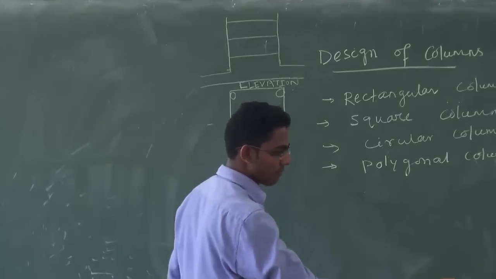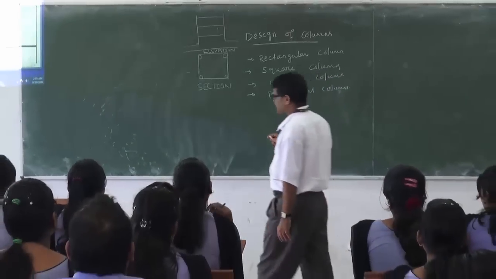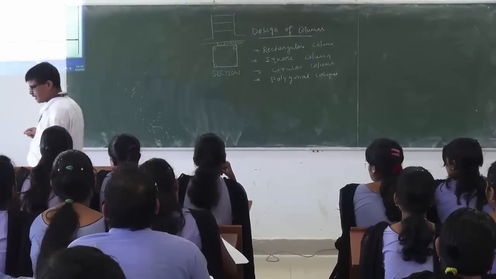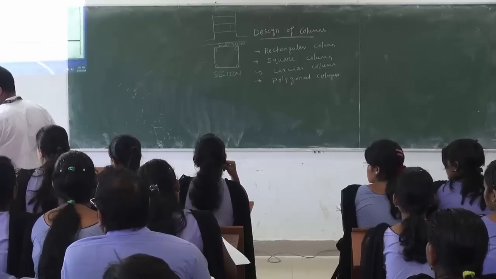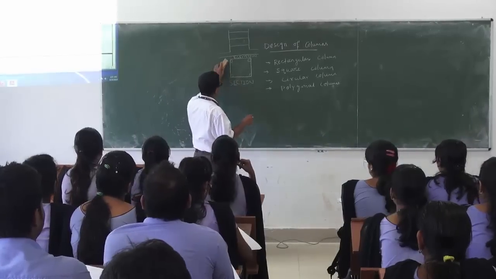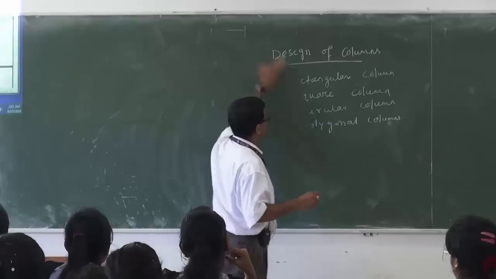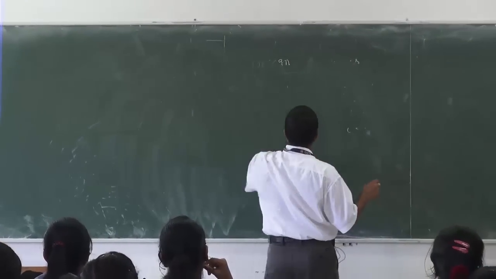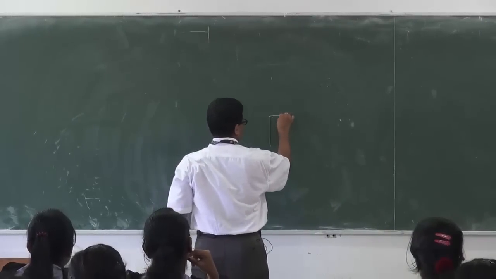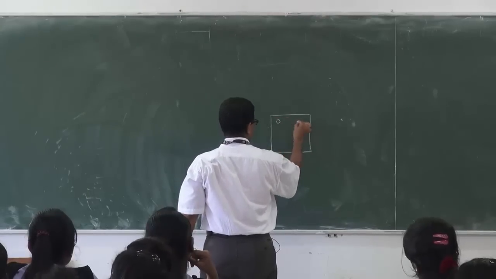Okay, basically he has shown this reinforcement detailing, but you can also show the size. You have to modify this slightly, to some extent, to get the right kind of drawing. Now he has shown only this, but it will look like this. There is a column first, then inside that there will be reinforcements.